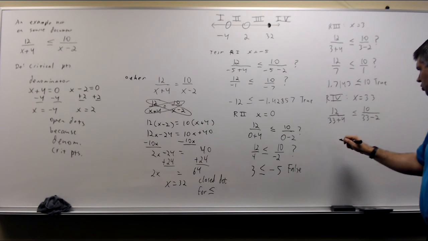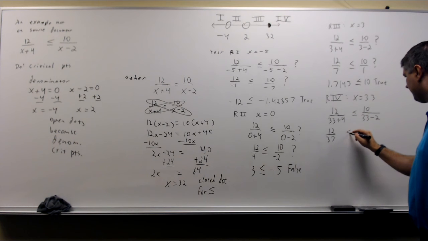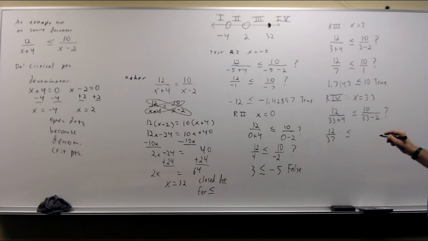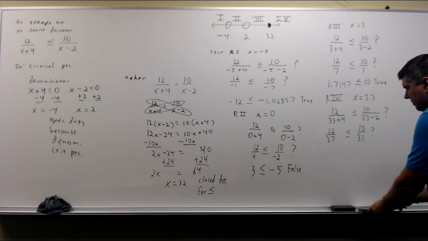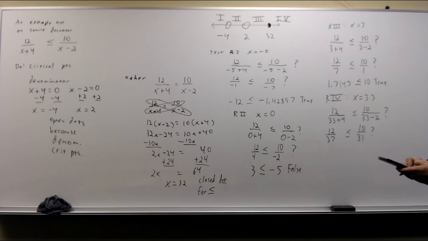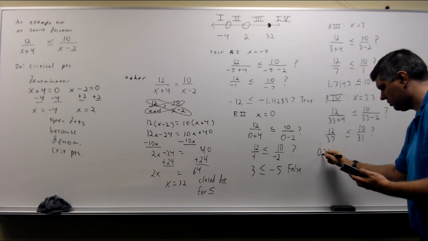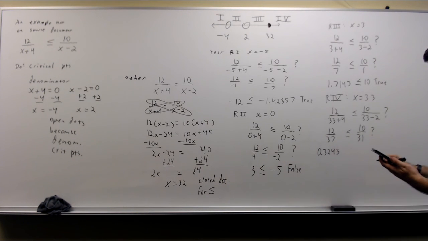So that's 12 over 37. By the way, I need a question mark there because I don't know that for sure. And then 10 over 31. We will use decimal approximations for this. 12 divided by 37 is 0.3243.